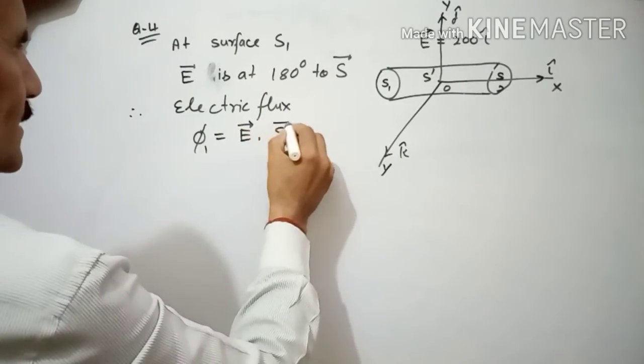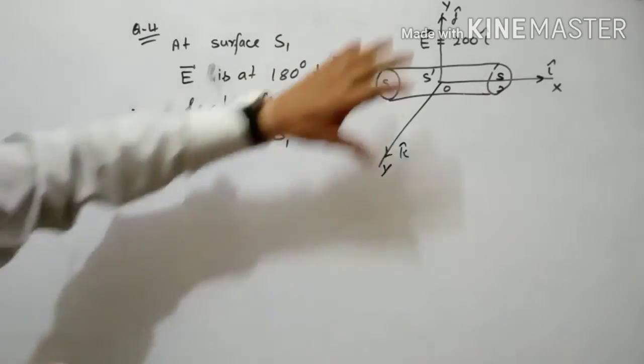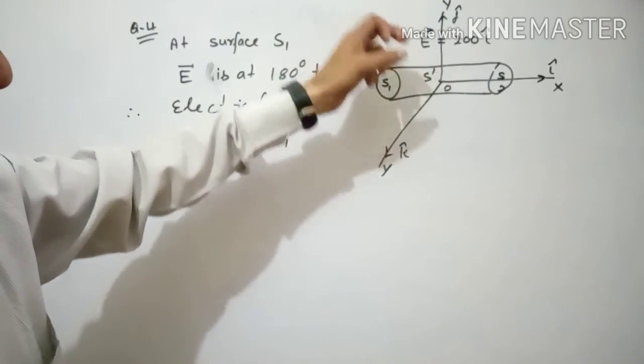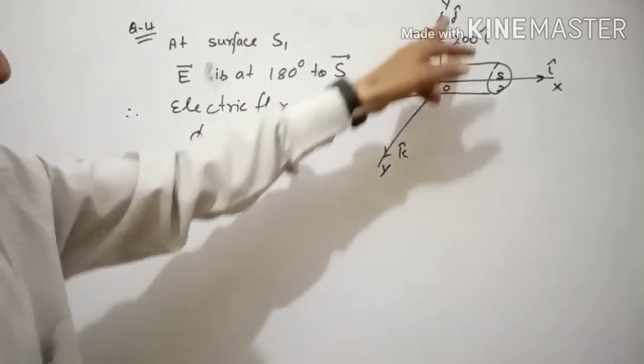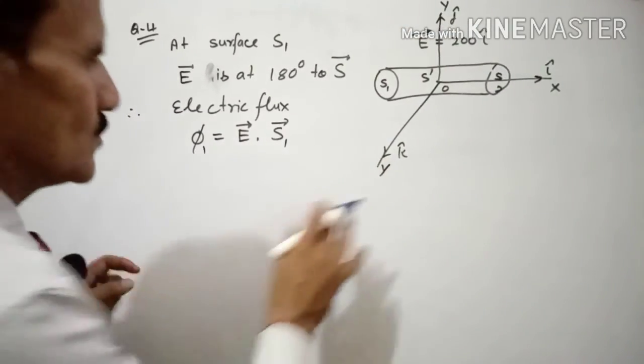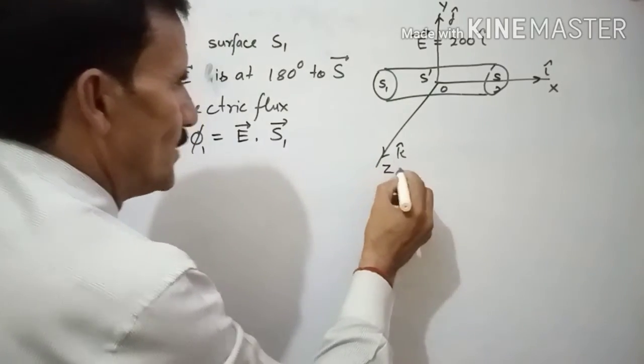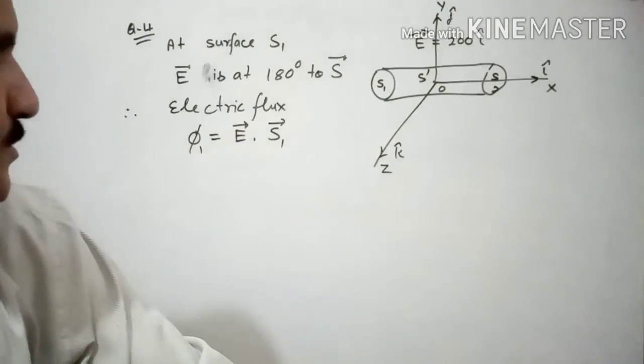Now S1 is that surface which lies in the YZ plane. Okay?